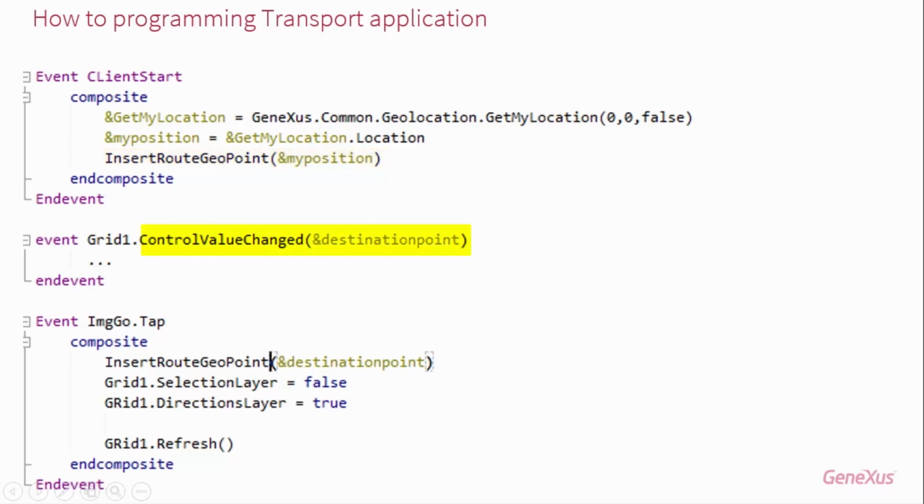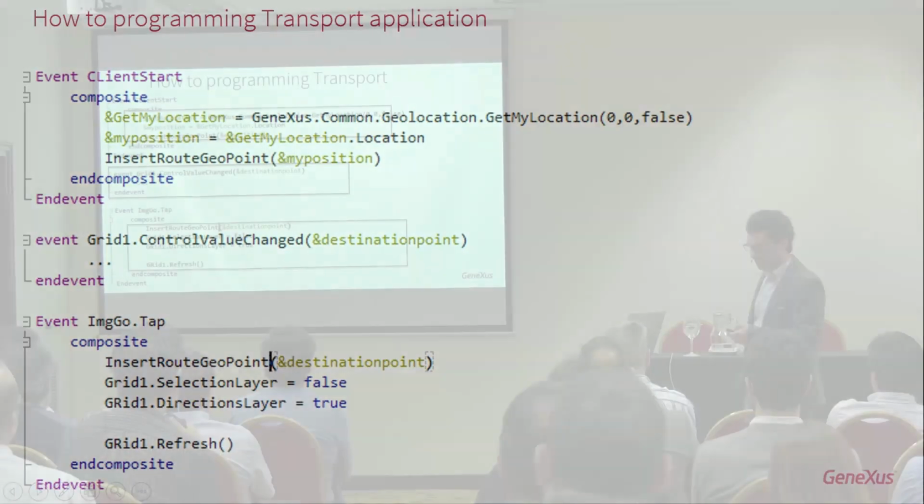Then in the control value changed, this is what the user will select. And in the user element, I have added the destination of the table. I turn off one, and I turn off the other one. This is just to give you an idea of how these two new properties work.